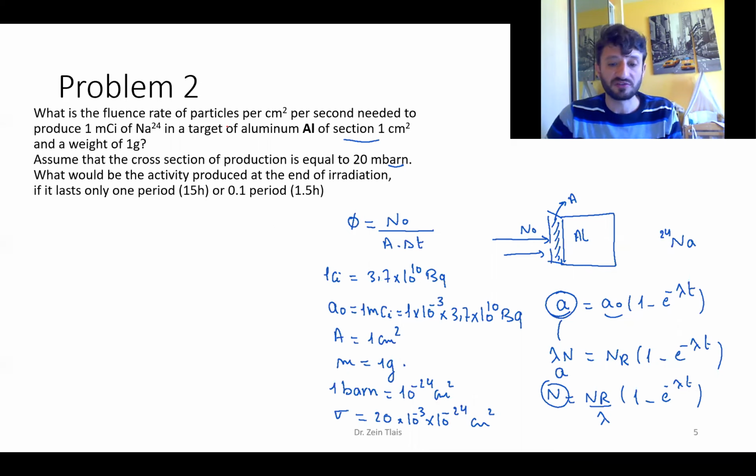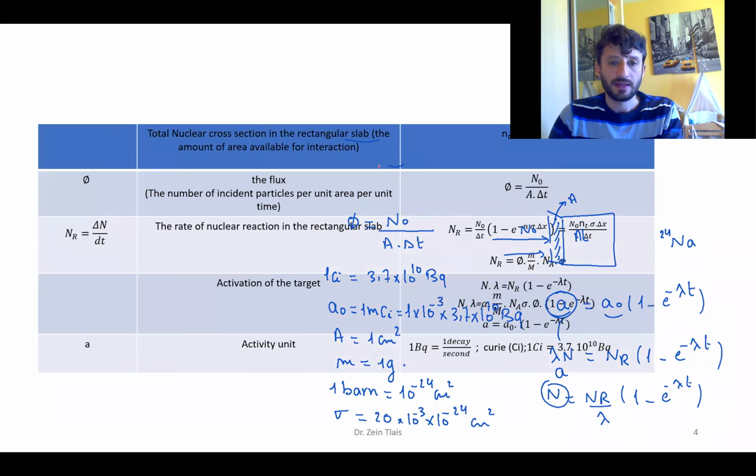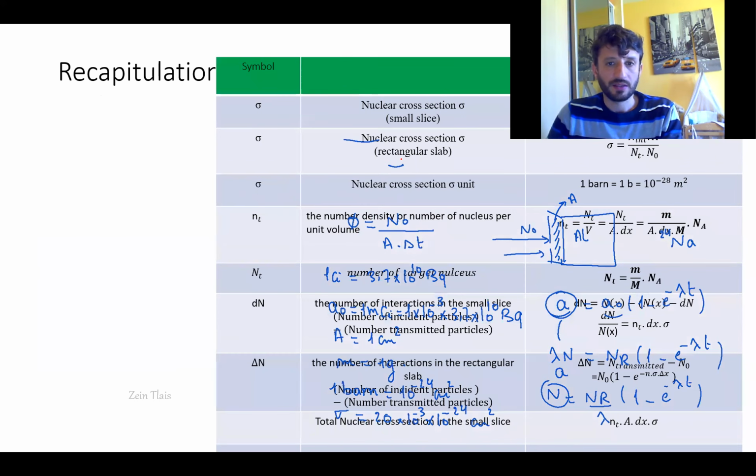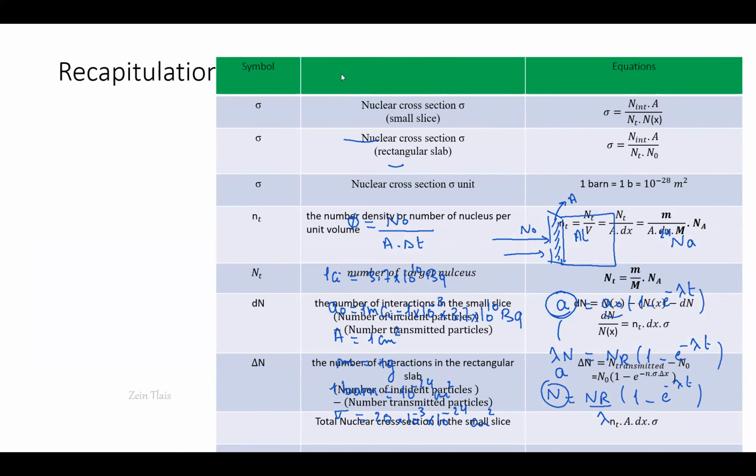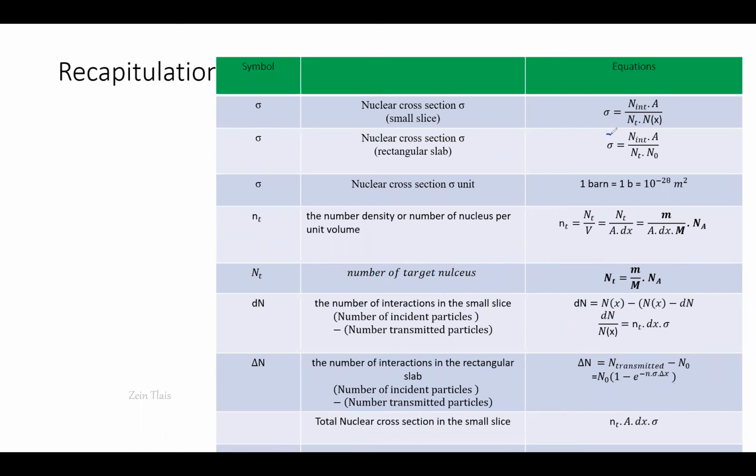If you come back to the table, here in this table, we have the relation, for a one slab, look, here we have sigma equals N of interaction times A divided by N target times N0.